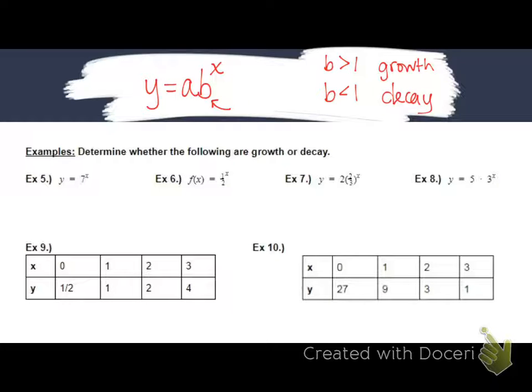So on number 5, what would you say b equals? Liam? 7. So, is b greater than 1 or less than 1? Greater, so it is growth. So this is how we will decide. Identify what b is, decide if it's bigger than 1 or smaller than 1, and that'll tell you whether it's growth or decay.